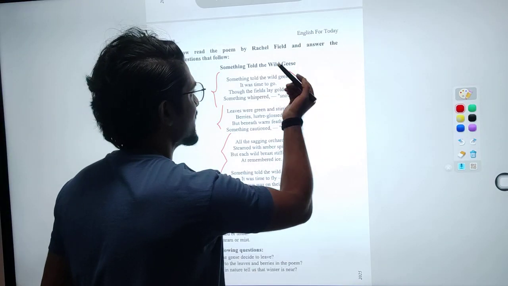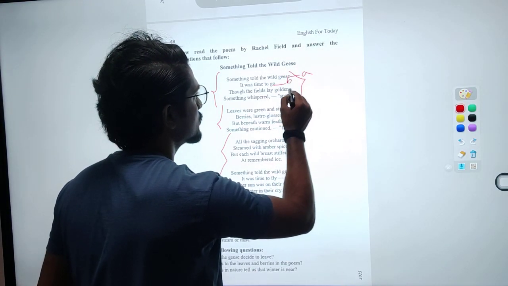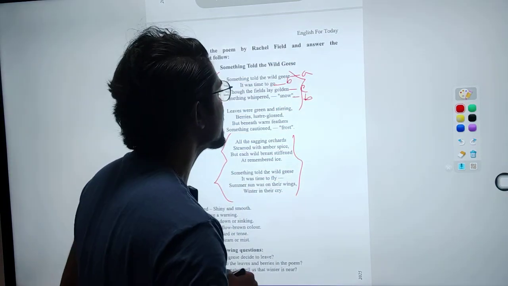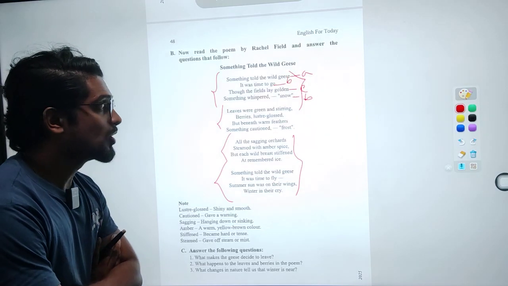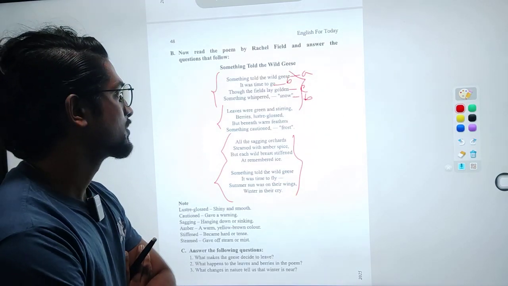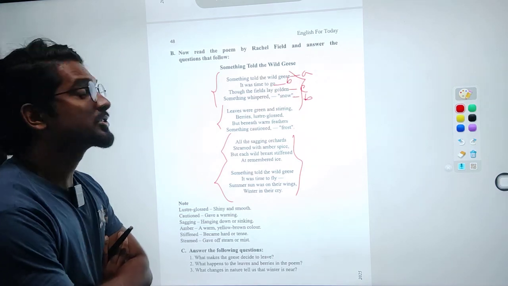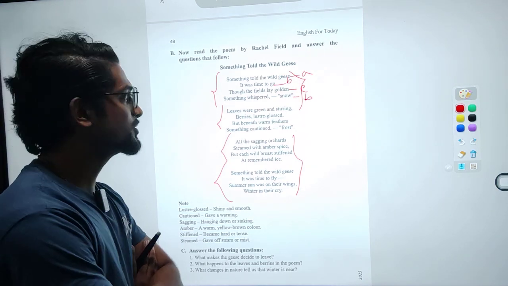And the point schemes, let's see, geese go, golden and snow. A, B, C, D. Okay, let's see. Something told the wild geese. কিছু বলেছে কাকে? The wild geese কে. It was time to go. চলে যেতে হবে. It's a lyrical point, you can say.